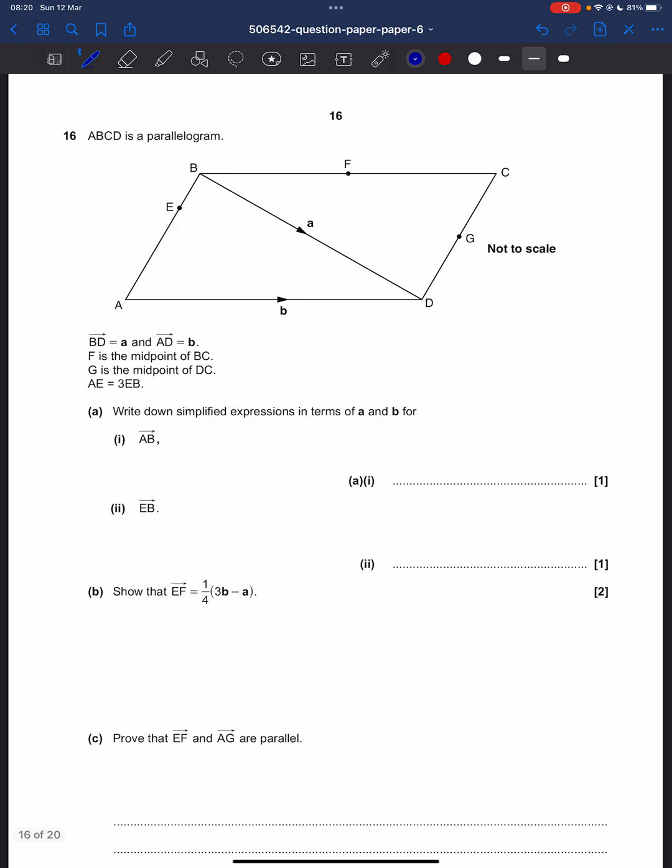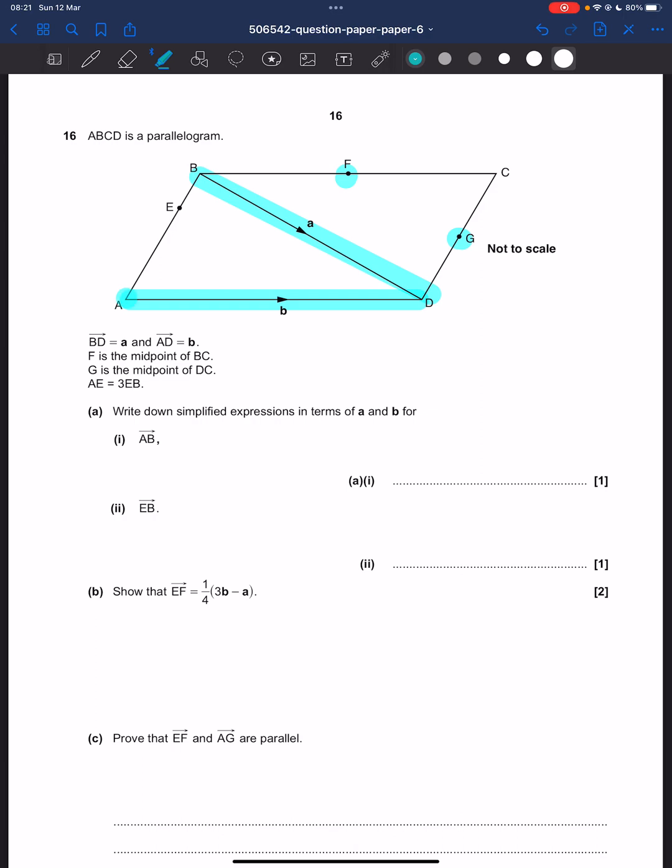Right, A, B, C, D is a parallelogram, A to B to C to D. B to D is vector A. A to D is B. F is the midpoint of BC. G is the midpoint of DC.